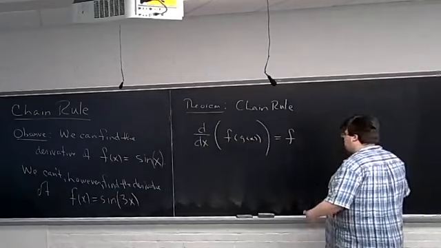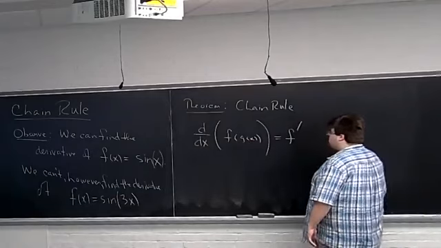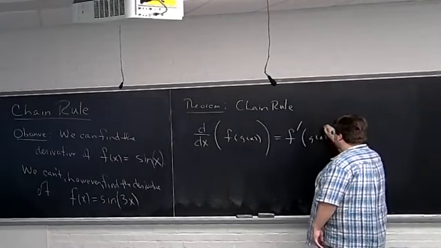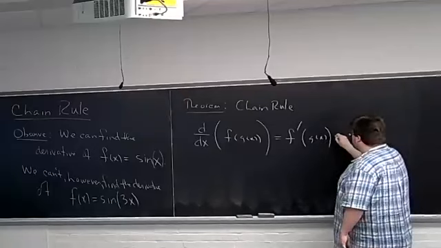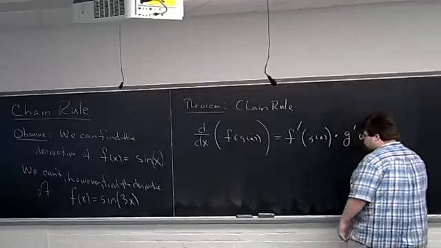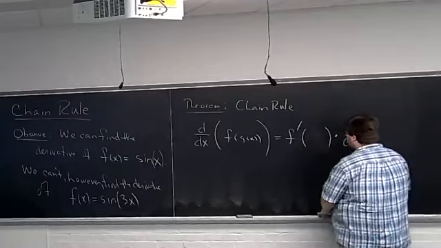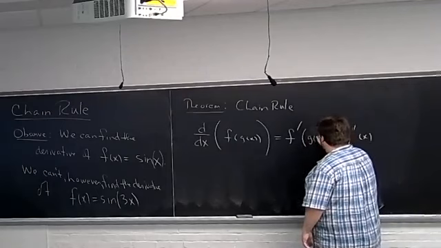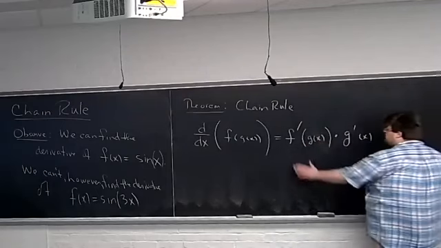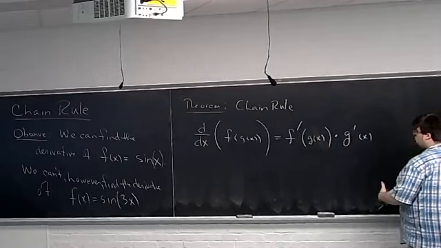The derivative of a composition is given by the derivative of the outside, where we leave the inside alone, and then we multiply by the derivative of the inside. So here, the chain rule has two parts. Derivative of f times derivative of g.